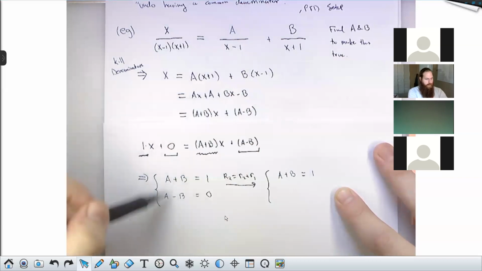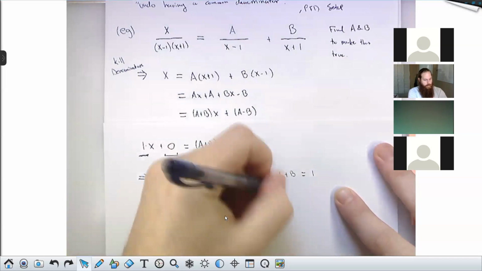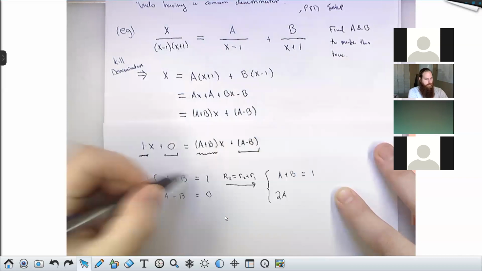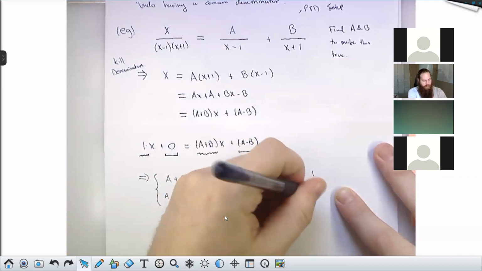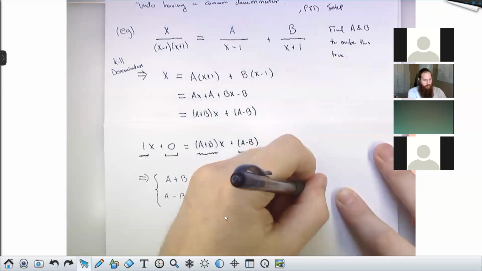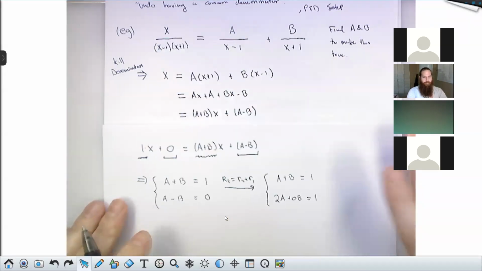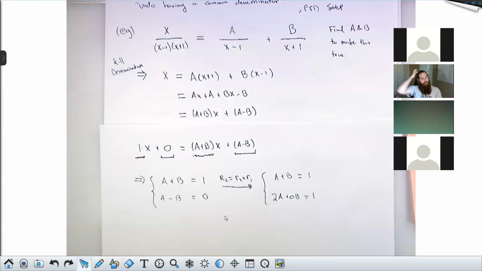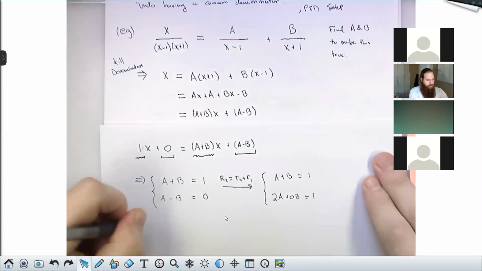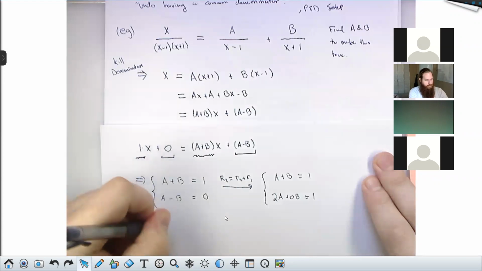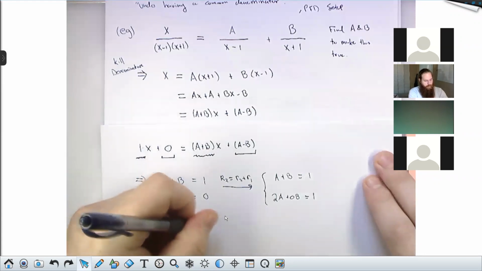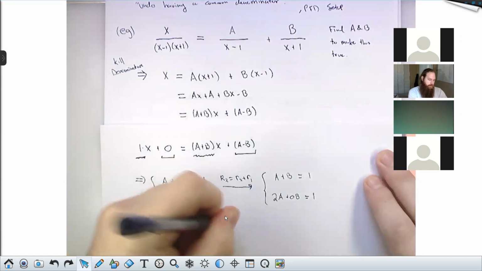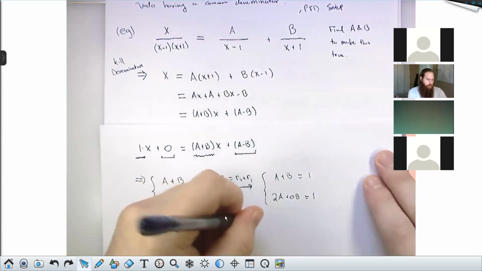But row 2, when I add this to this, I'll have 2a. When I add this to this, I'll have 0b. And when I add this to this, I'll have 1. So now equation 2 says that 2a equals 1, which means a's got to be 1/2.